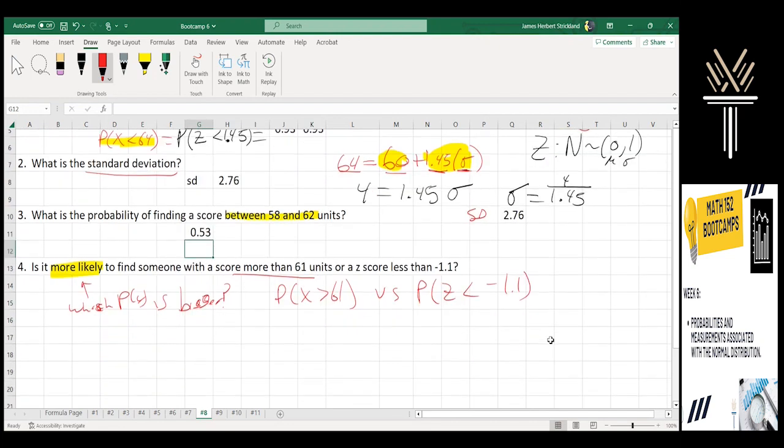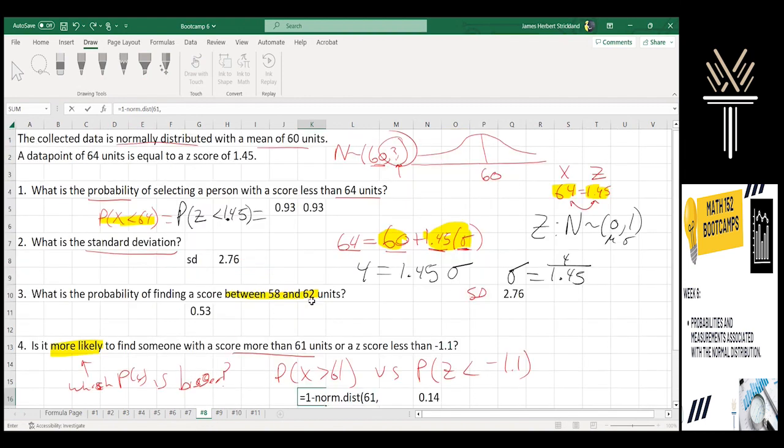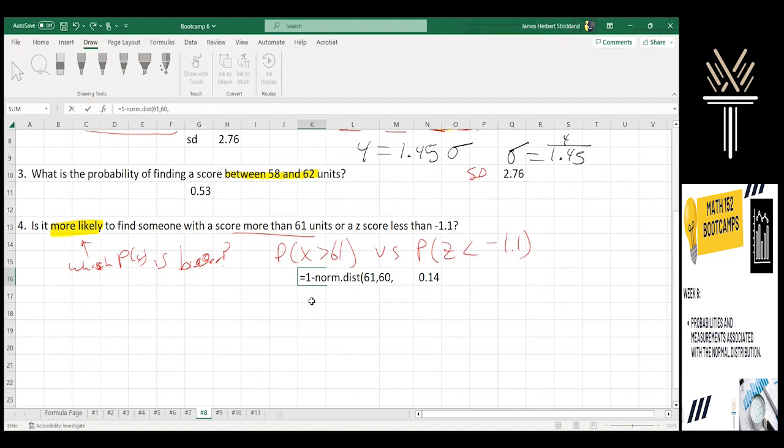In my opinion, the one on the right is a little easier because it says less than, and less than means just norm.dis, right? Negative 1.1. For Z world, it's 0 and 1 for its mean and deviation, always true. For greater than, that means we have to do 1 minus norm.dis, given 61, given our mean was 60, and our standard deviation was 2.76, always true.